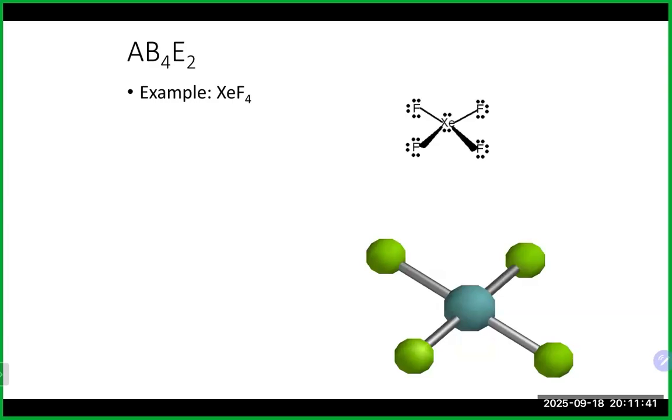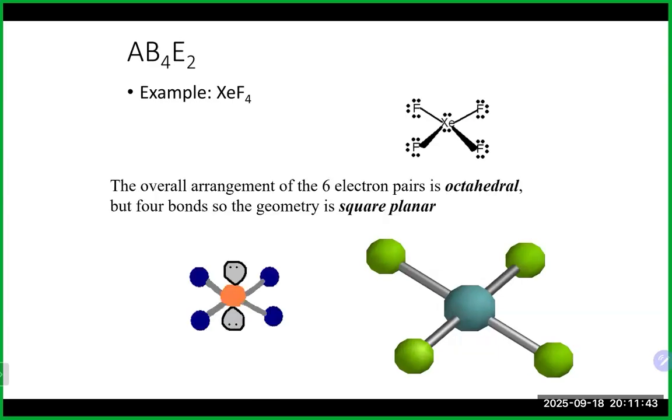The next geometry, which is again an expanded octet, we look at something like xenon with 4 fluorines attached. Number of electron pairs here is going to be 1, 2, 3, 4, 5, and a 6-pack there, right? So that's going to give us an electron geometry of octahedral, again not affecting the electron pair geometry.